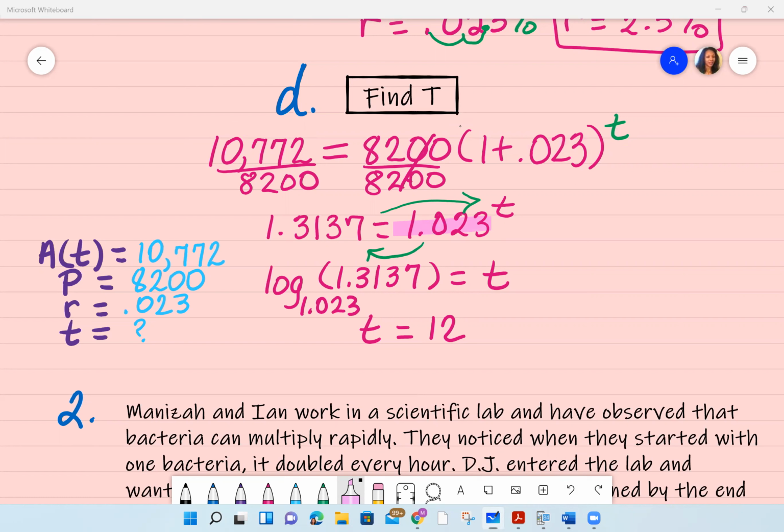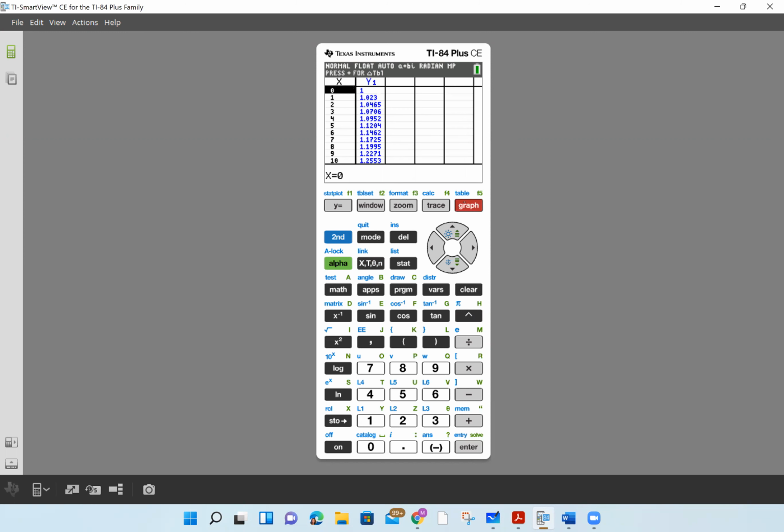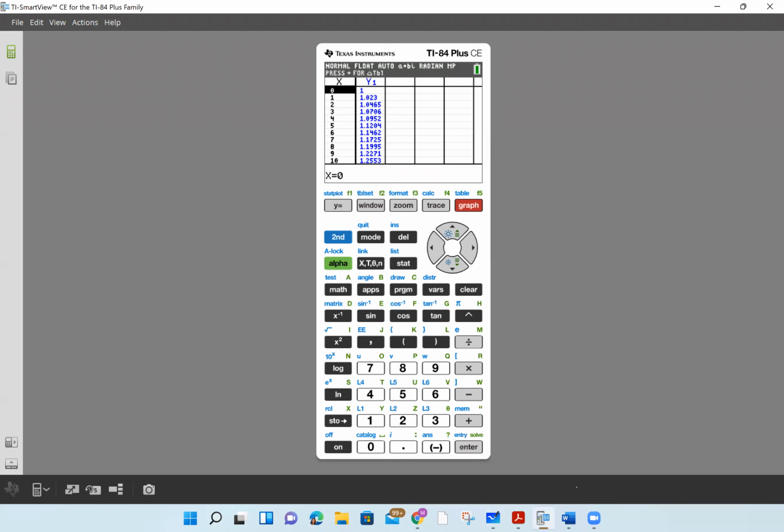So that's what we're going to do. We're going to type in 1.023, and instead of raising it to the t power, we're going to raise it to x because my table has x and y. So go to second table, and I'm looking for where is y equal to 1.3137.